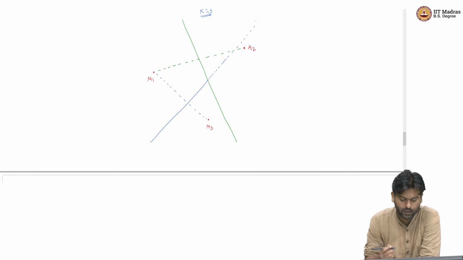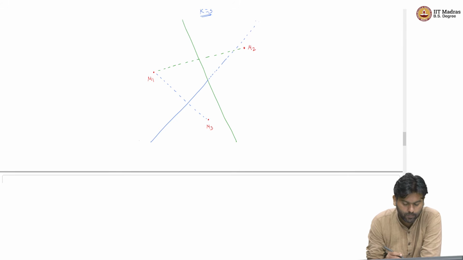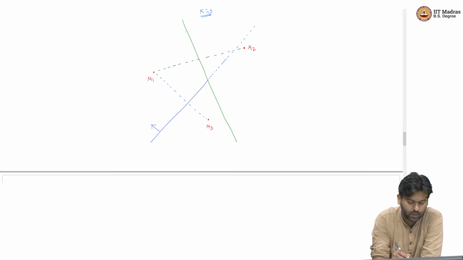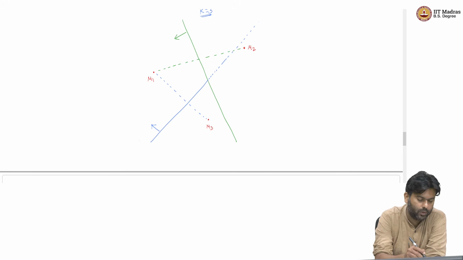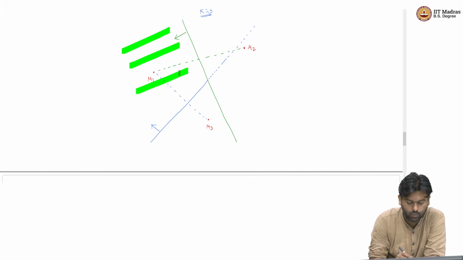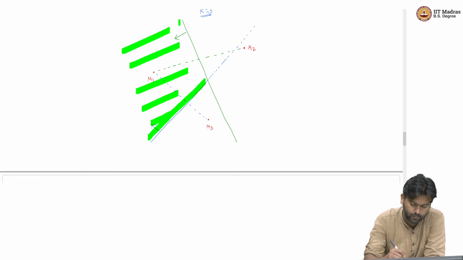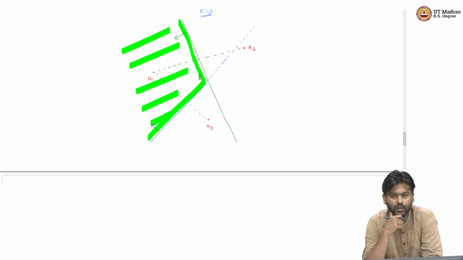The points assigned to mu1 are on the left hand side with respect to mu3, and should also be on the left hand side with respect to mu2. If I had to shade the region where the points are in cluster 1, it will be an intersection of these two regions, which will exactly be this, right? The boundary would be something like this.